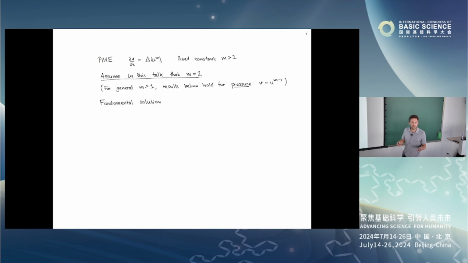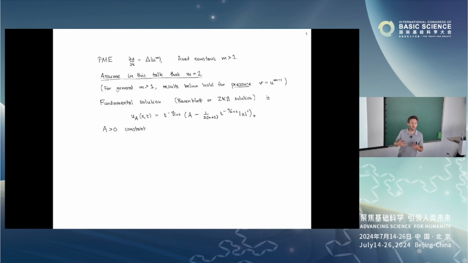So we talked about the fundamental solution of the heat equation. Well, what's the fundamental solution of the porous medium equation? This is called the Barenblatt solution. It's also called the ZKB solution. And it's written as follows. Here, A is a positive constant. So we have a family of solutions. They can have different masses.